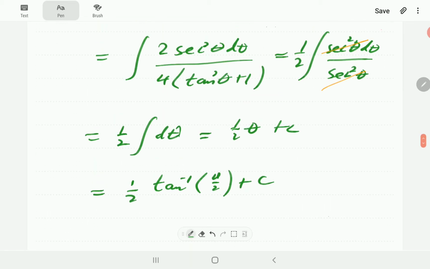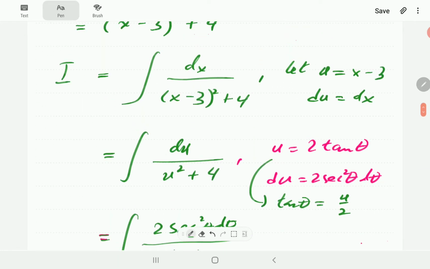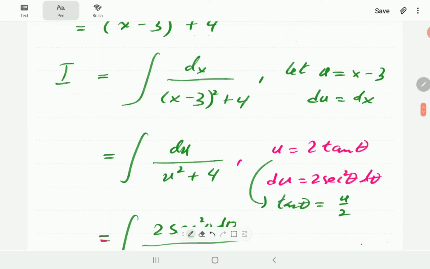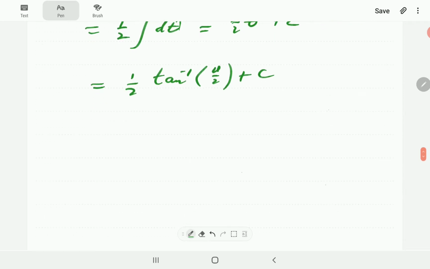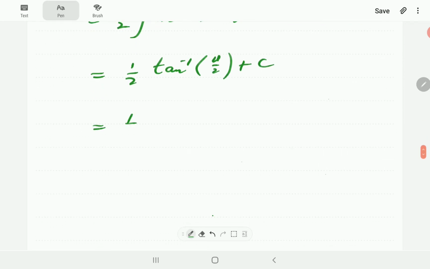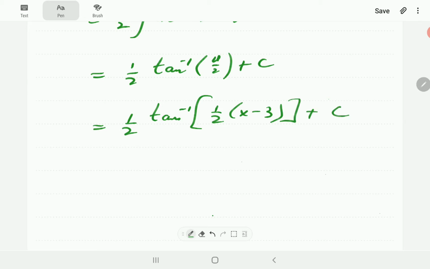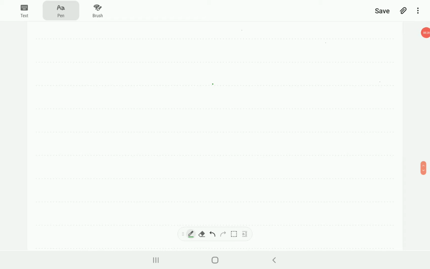But then our original variable is x. In terms of x, u is x minus 3. So we're going to write this as 1/2 inverse tangent of the quantity x minus 3 over 2, and this is our final expression. Right, so that was example number A.